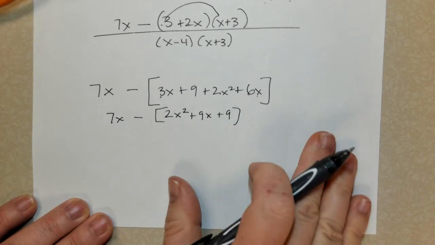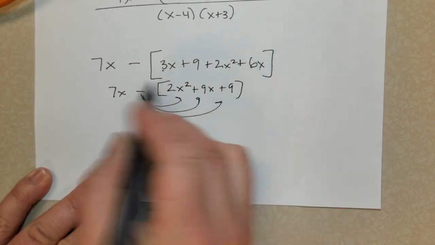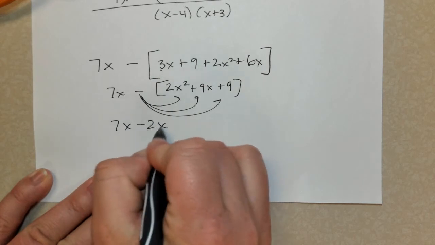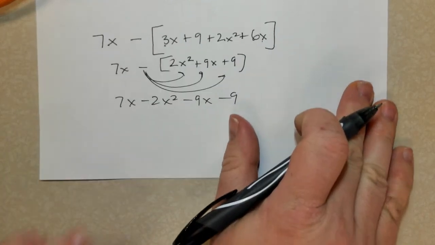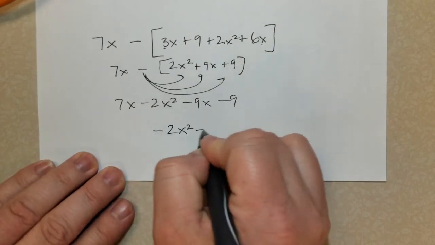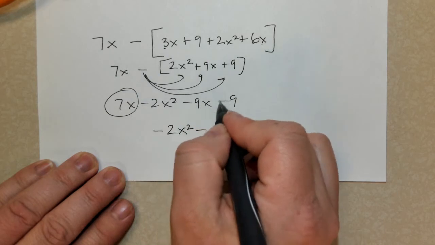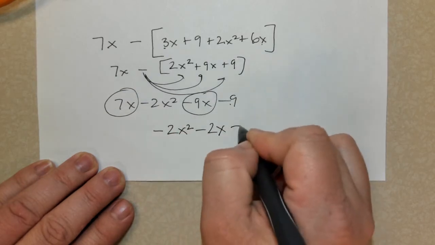Okay. And now I'm going to distribute that negative sign to everything inside. 7x minus 2x squared minus 9x minus 9. Combining like terms, I end up with negative 2x squared. Okay, positive 7x and negative 9x is a negative 2x, minus 9.